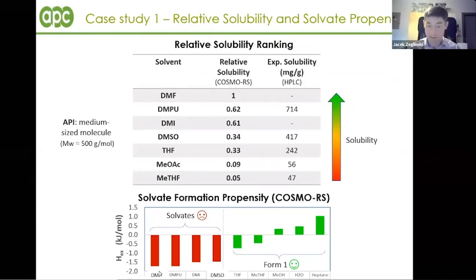So we found those solvates in those solvents. On the other hand, for those shown in green, the predicted excess enthalpies are less negative or positive, and we didn't see solvates in those solvents. So that was a very successful validation of this approach.